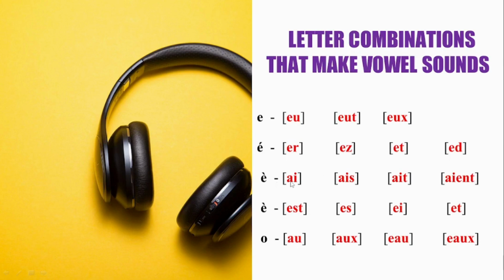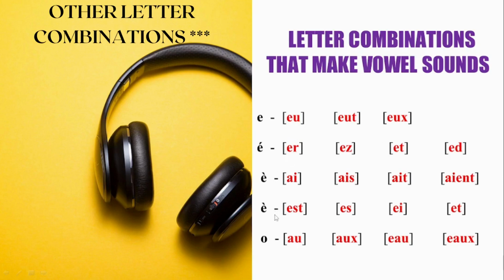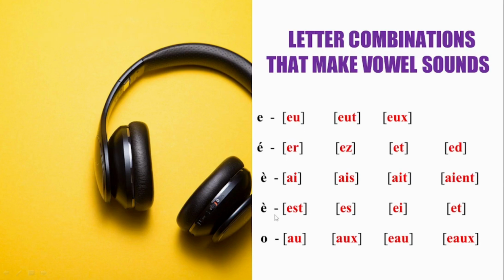So all of these create the sound eh, eh, eh, eh, right? All right. There are also other spellings that give you this sound. So you have EST, ES, EI, ET, right?